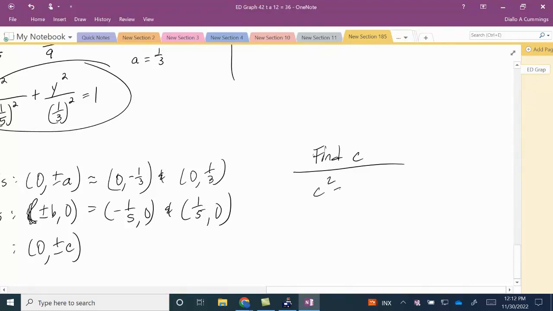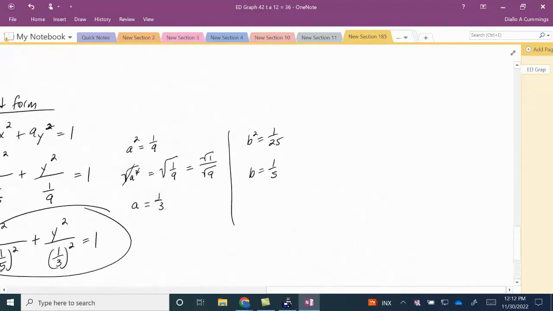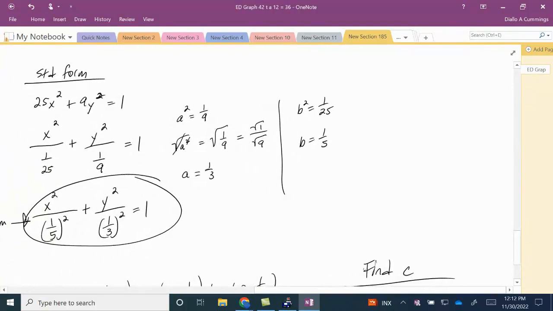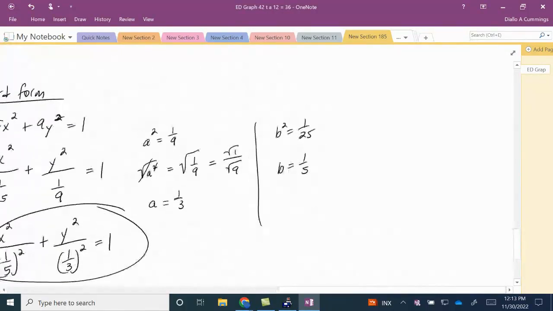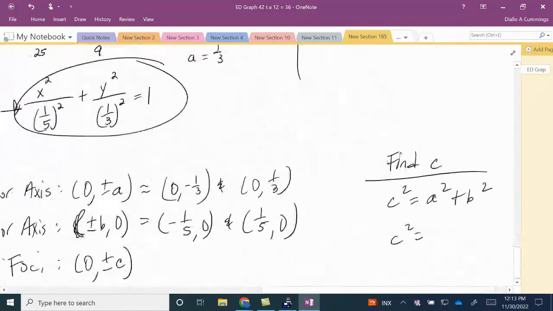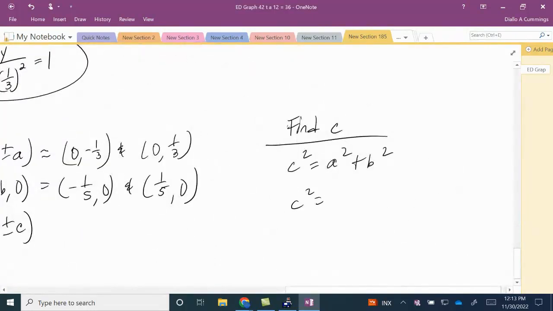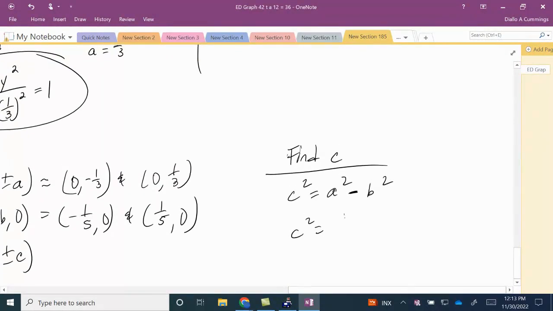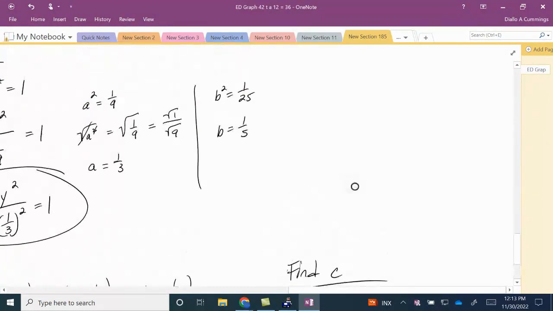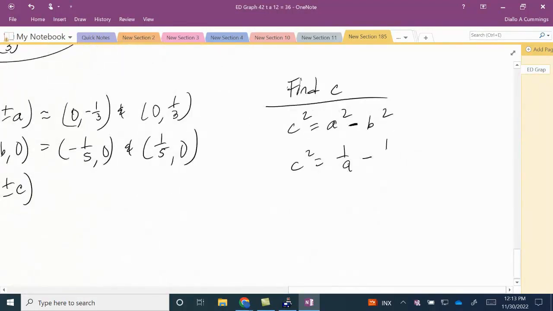We have c squared is equal to a squared plus b squared. Excuse me, that's a squared minus b squared. Thinking about the Pythagorean theorem, we have a squared minus b squared. So a squared is 1/9, and I'm pulling that here. B squared is 1/25.